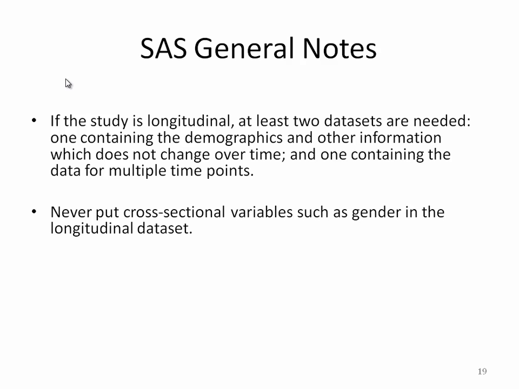You don't ever want to put cross-sectional variables such as gender into the longitudinal data set. I sometimes have this argument with statisticians because they want that data in there. And I said, okay, well, if I put gender in the longitudinal data set, how are you going to calculate frequencies on gender?